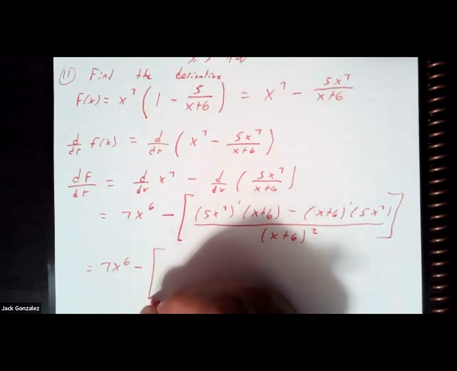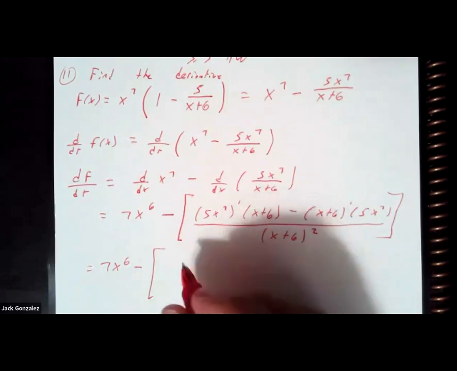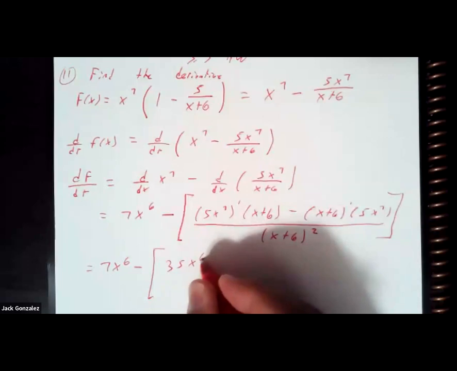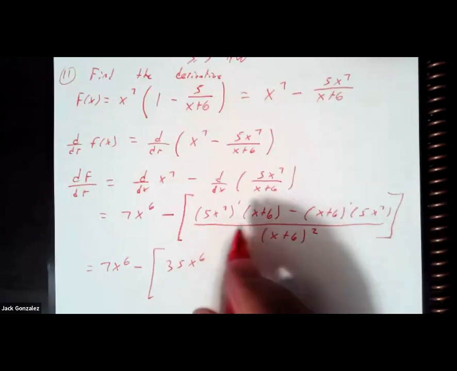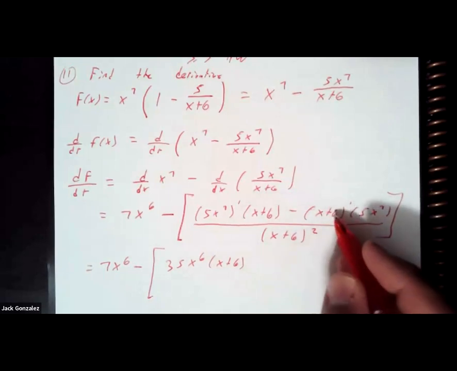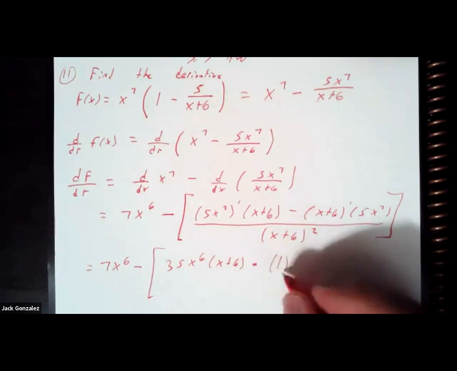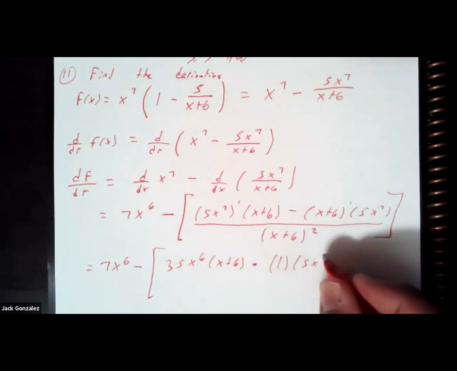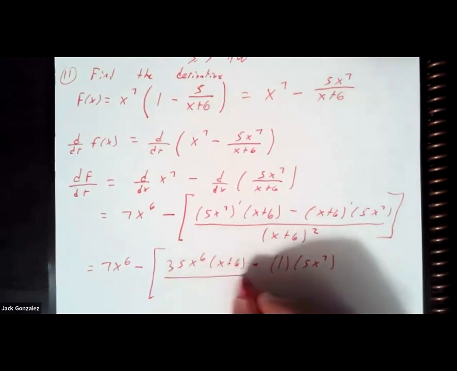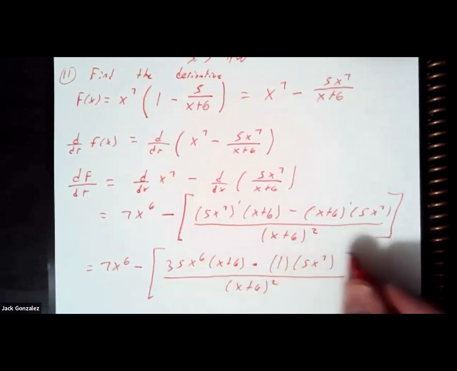All right, derivative of this guy is going to be 35x to the 6 times this garbage. Derivative of this is a 1. Derivative is now done, but there's some algebra to do.